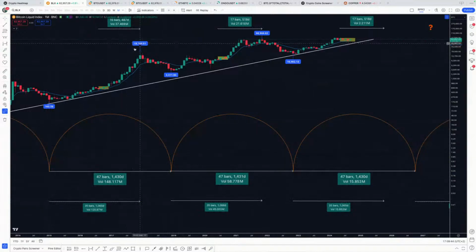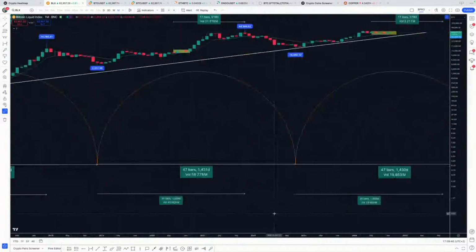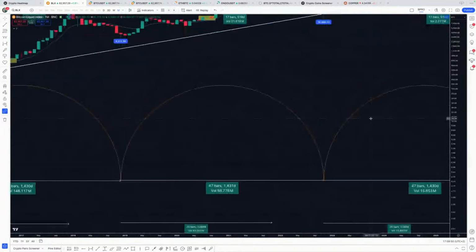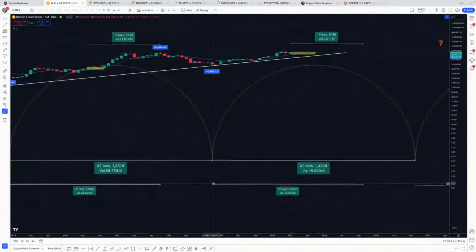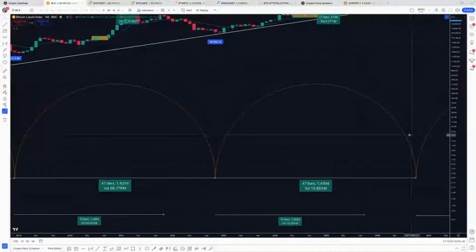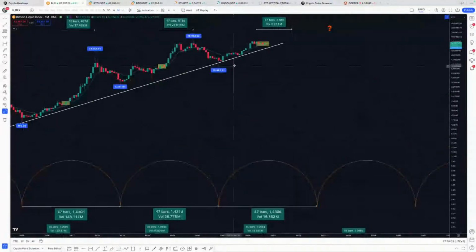As we can see here, it took Bitcoin 1065 days. And as we can see here, let me make this a little bit bigger, 1065 days. And this is the new cycle.